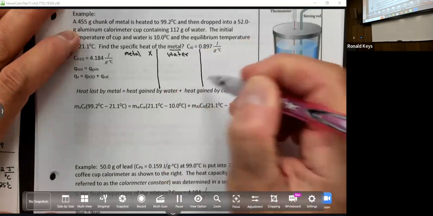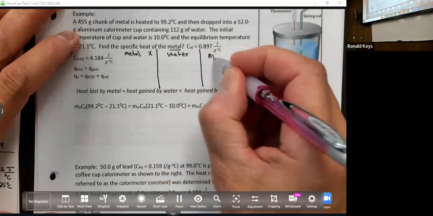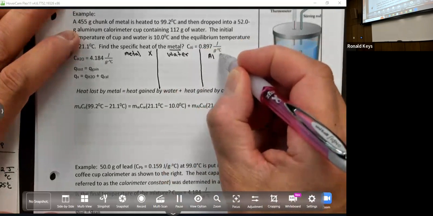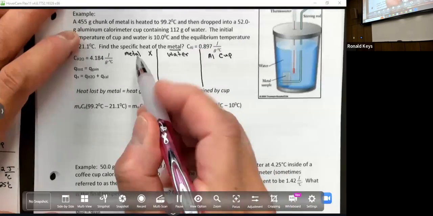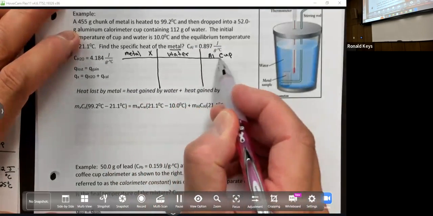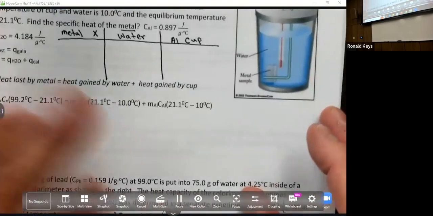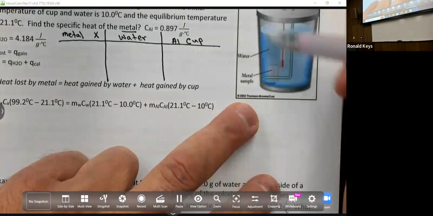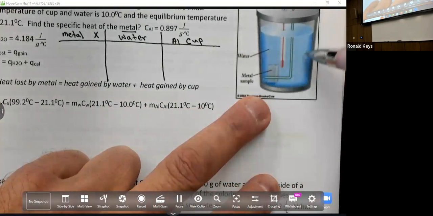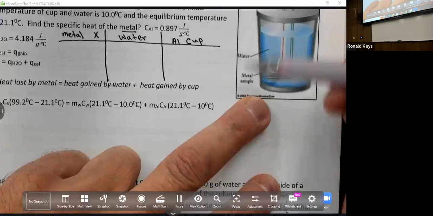And we have the aluminum calorimeter. I'll just put aluminum cup, if you will. This aluminum cup is going to heat up as well. So not only are we heating up the water, we're heating up the aluminum cup.